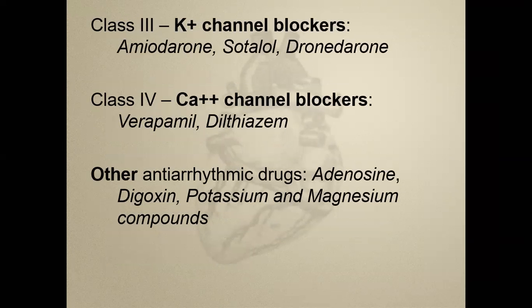Third class, potassium channel blockers: amiodarone, for example, sotalol, and dronedarone. And the fourth main class, calcium channel blockers: verapamil and diltiazem. And some other antiarrhythmic drugs used to treat tachyarrhythmias: adenosine, digoxin, and potassium and magnesium compounds.